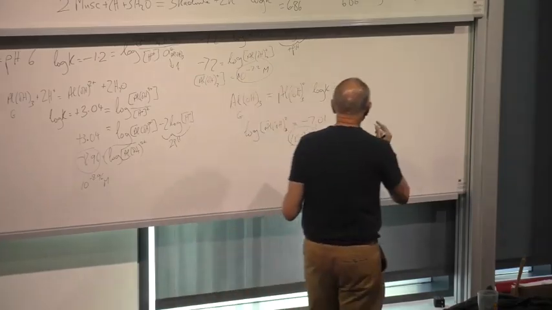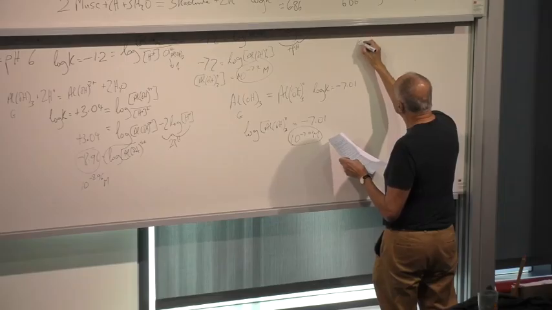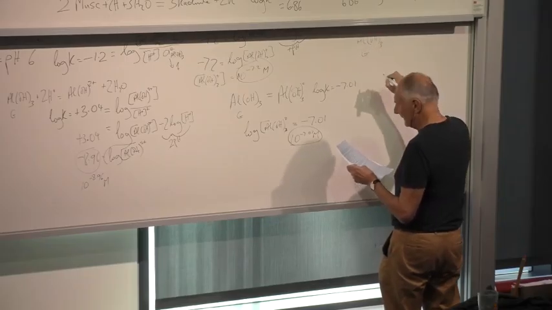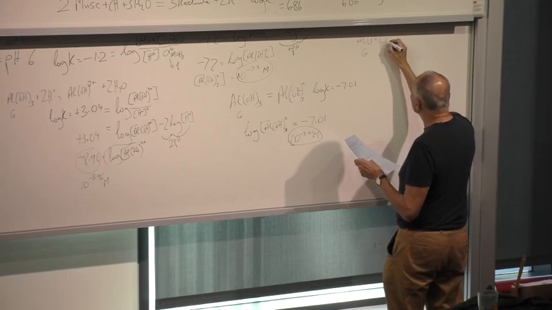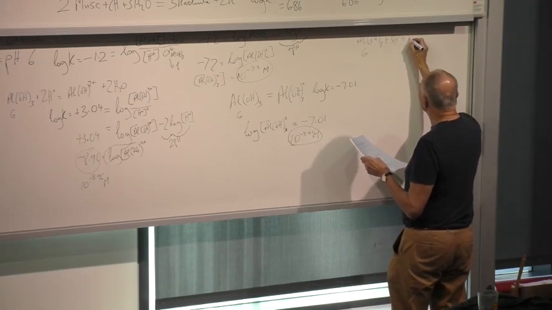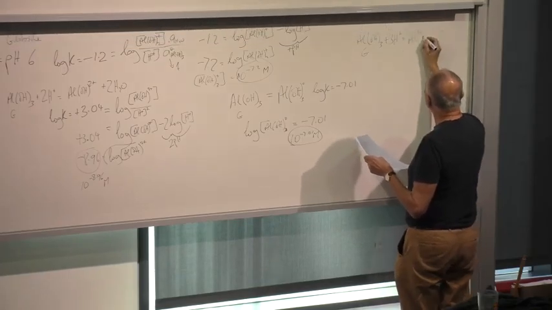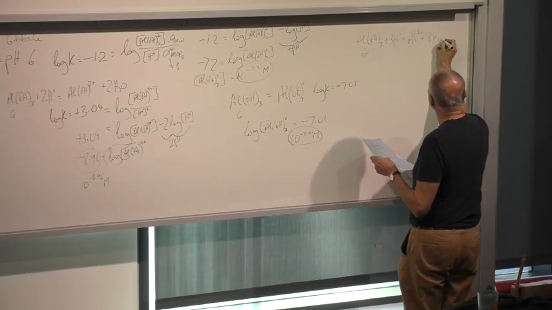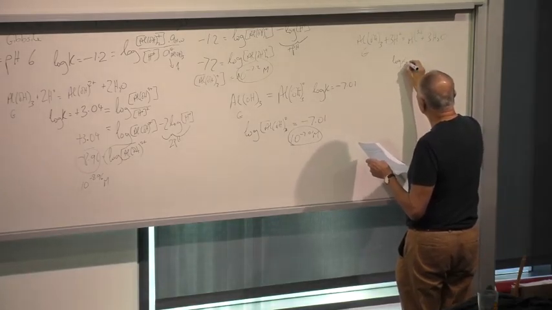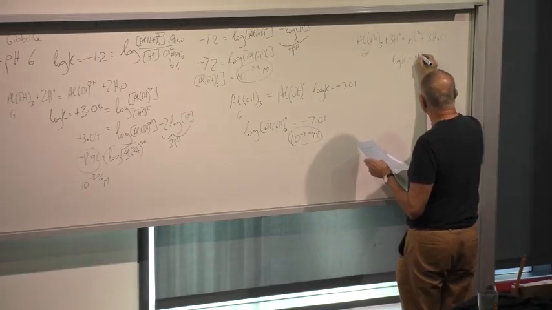For Al3 plus, the reaction is AlOH3 solid gibbsite plus 3H plus equals Al3 plus plus 3H2O. Log K is plus 8.05.